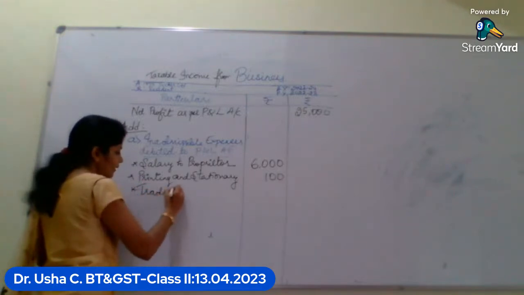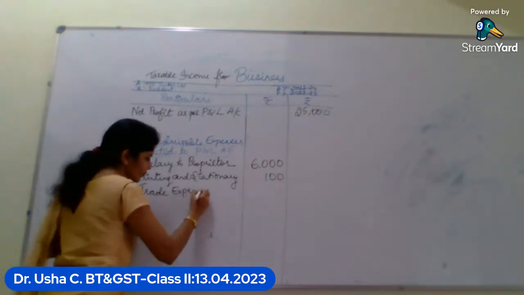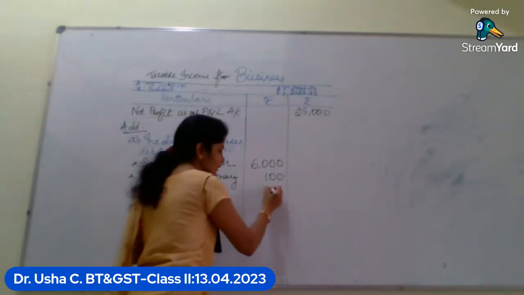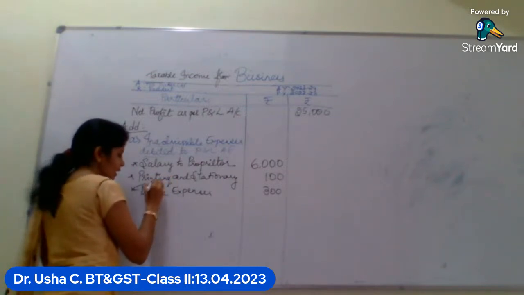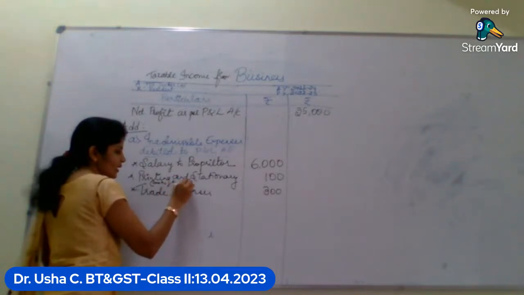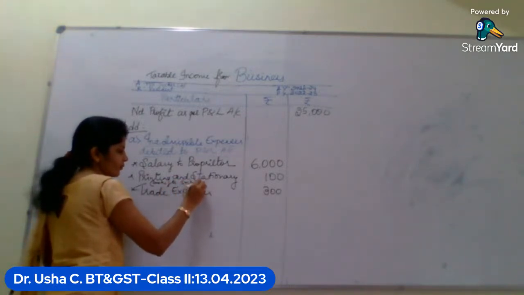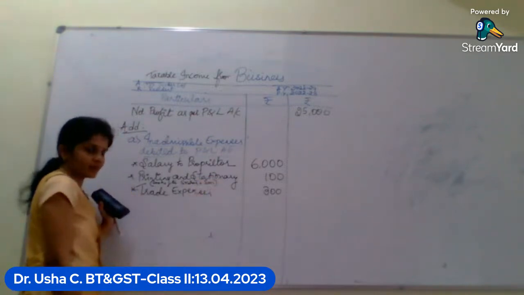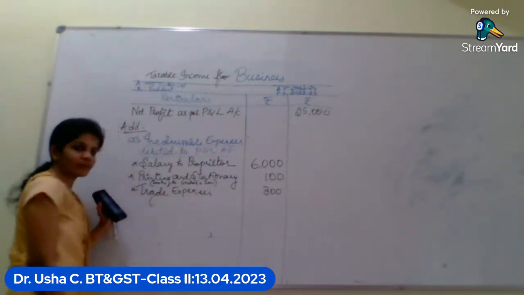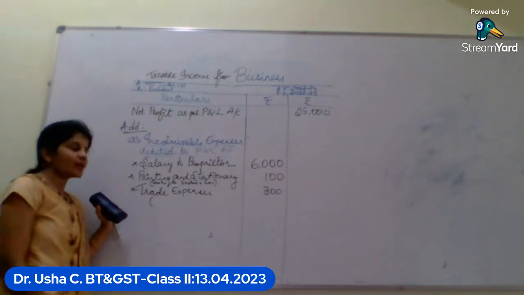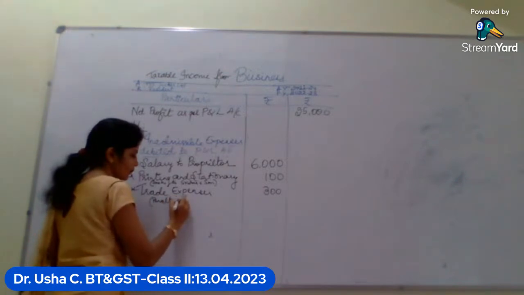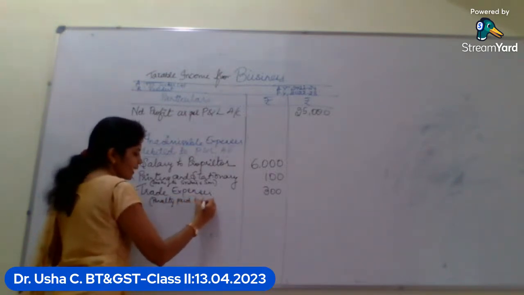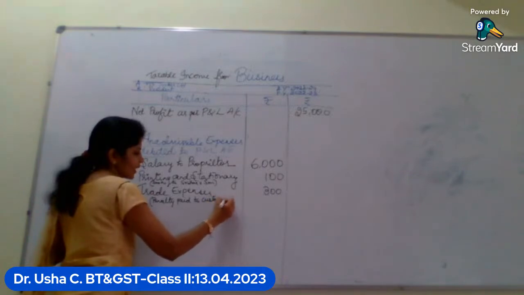So, for trade expenses of rupees 300, you can write this as penalty paid to customs authorities.